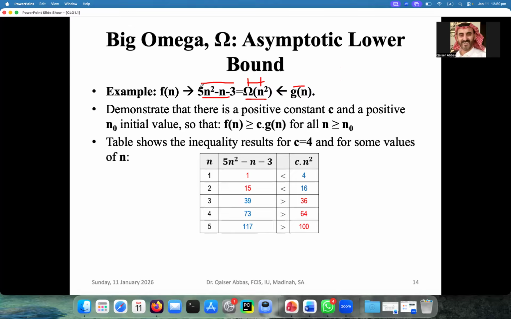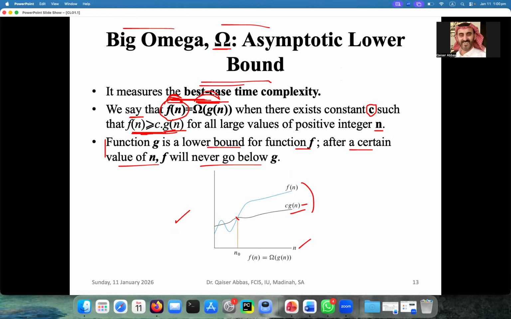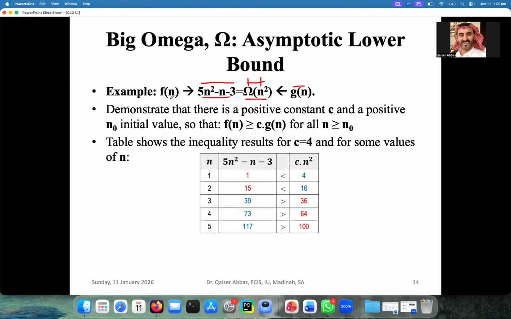Now we want to prove this thing, f of n greater than or equal to c g of n. I could say this in a different way, but I don't want to confuse you. When I say too many different things, it can make you confused, so I'm giving you only one explanation.